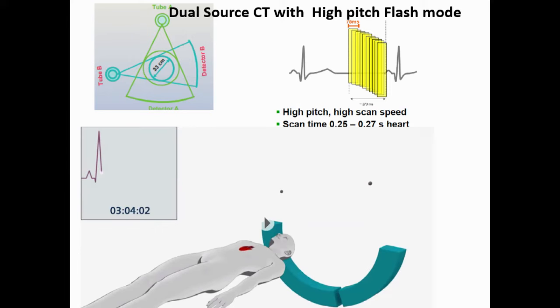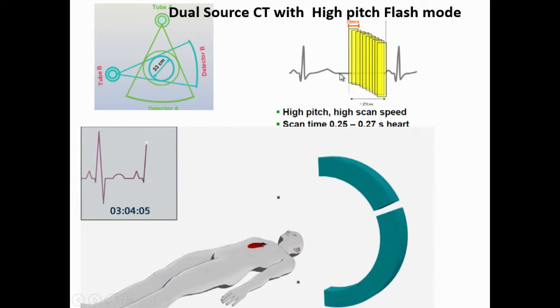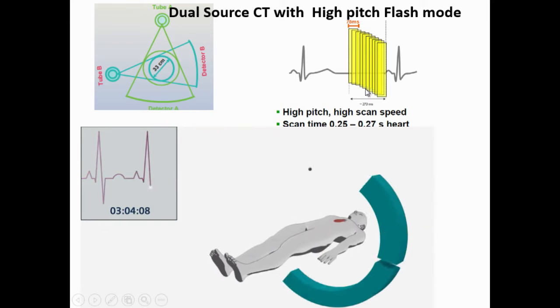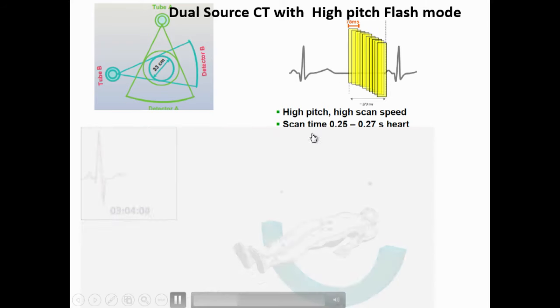So you do the math: to cover our 16 centimeters, we only need 270 milliseconds to cover the entire heart. So notice that even though the image looks quick, not all the images are done at the same part of the cardiac cycle, as you can see right here, okay? So that's why it's not the same going this way or this way.